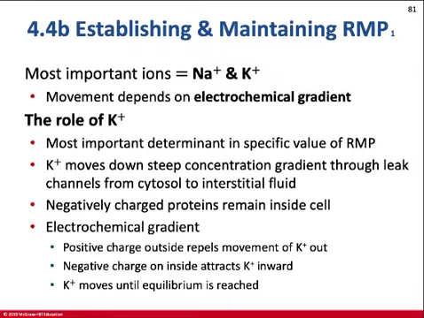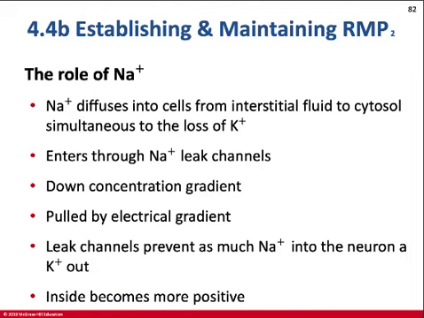So there are the major players. Sodium ends up more concentrated outside the cell than inside, and potassium is more concentrated inside, for the reasons we've already discussed: the differential leaking across the membrane and the sodium-potassium pump. Sodium diffuses into cells from the interstitial fluid simultaneous to the loss of potassium, down its concentration gradient, pulled by an electrical gradient, and the leak channels prevent as much sodium into the neuron as potassium out, and as a result, the inside becomes more positive.